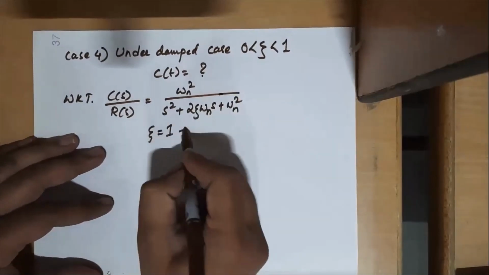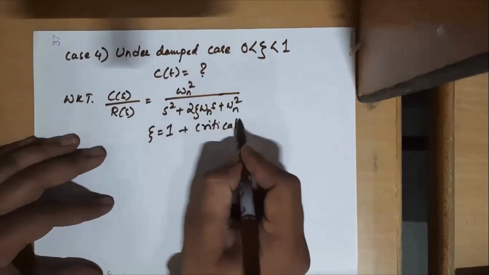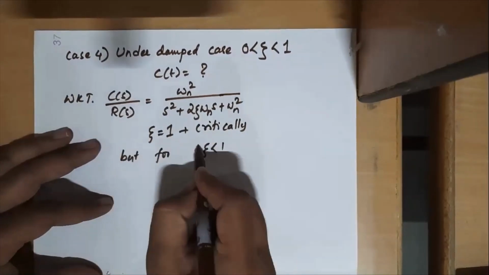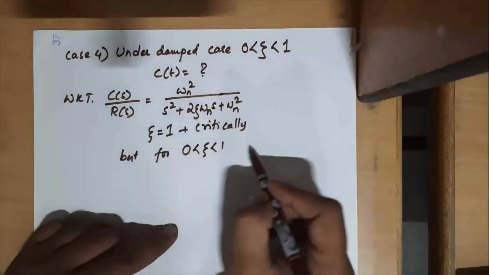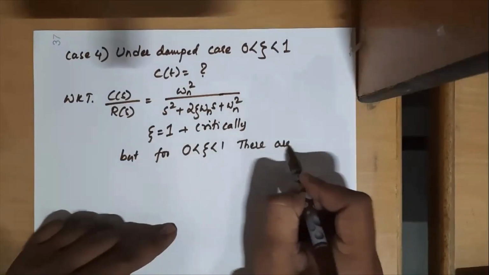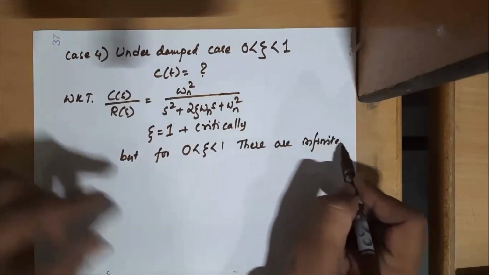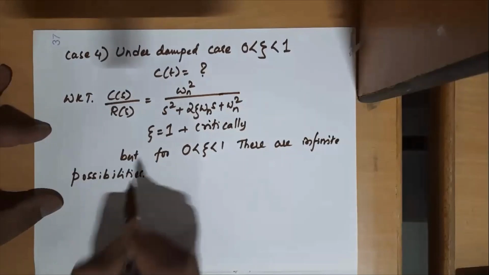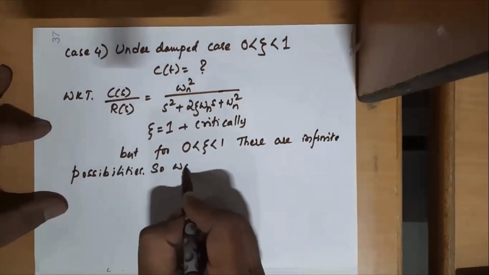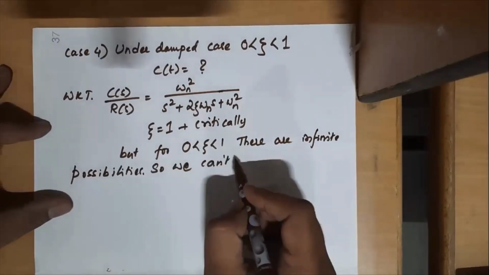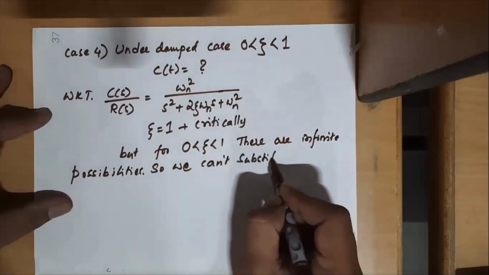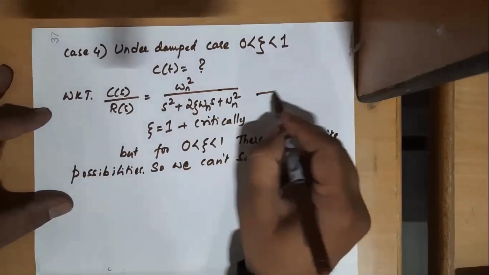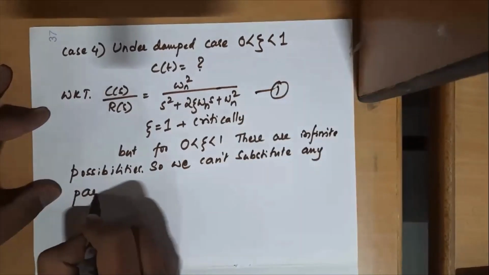So we already knew that zeta equal to 1 was the critically damped case, but for zeta between 0 and 1, we cannot make any substitution directly in the transfer function because zeta can have any value between 0 and 1. So I hope everyone agrees with this.